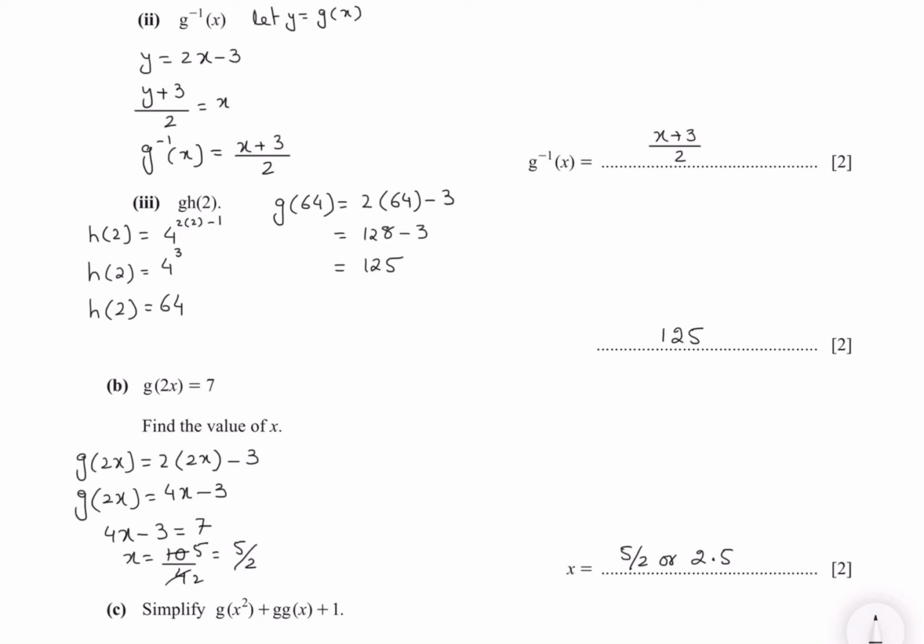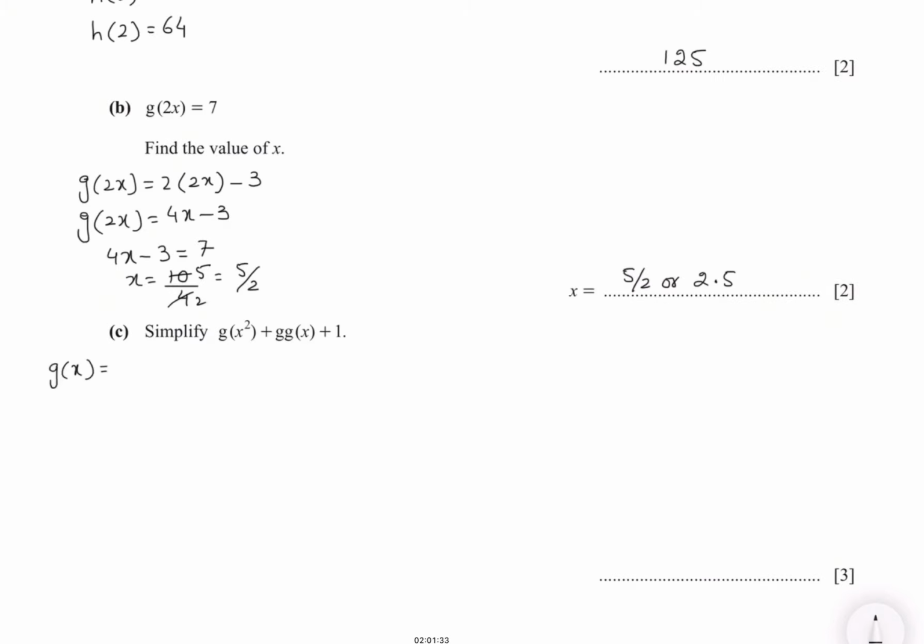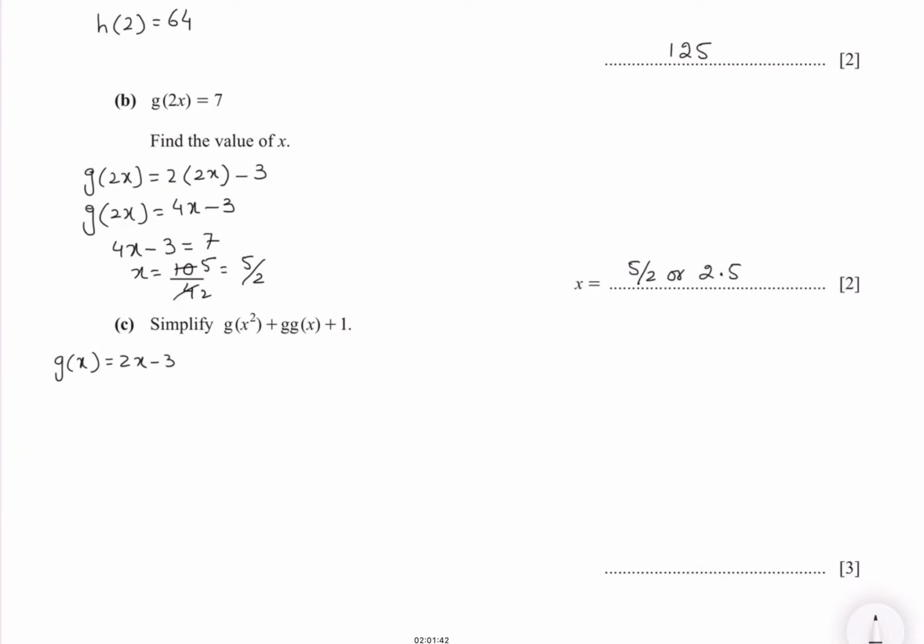C part, simplify g of x squared plus g of x plus 1. Okay, g of x squared means you have to put x squared in x in the g function. Now simplify it. So g of x means putting 2x minus 3 in x in the function of g.